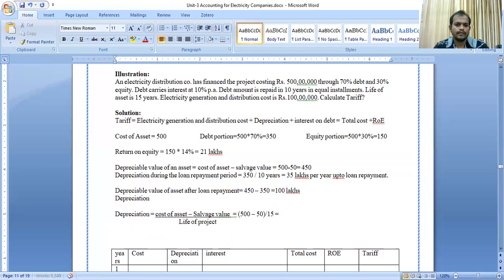Depreciation after loan repayment is equal to 100 lakhs divided by 5 years. The remaining life of the asset is 5 years. So it comes around 20 lakhs. Okay.